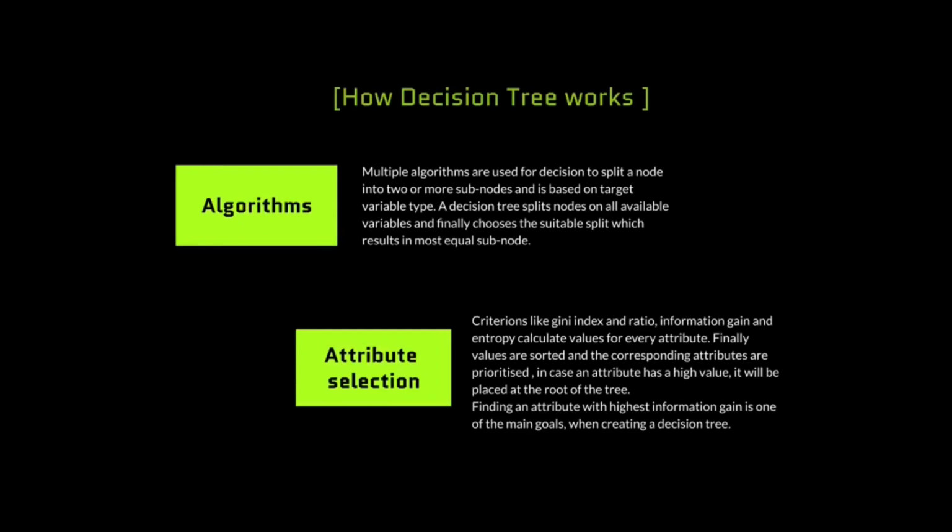On the other hand, attribute selection is crucial for building decision trees. Criteria like Gini index and ratio, information gain and entropy calculate values for every attribute. Finally, values are sorted and the corresponding attributes are prioritized. In case an attribute has a high value, it will be placed at the root of the tree. Finding an attribute with the highest information gain is one of the main goals when creating a decision tree.